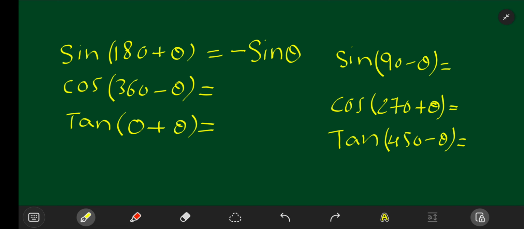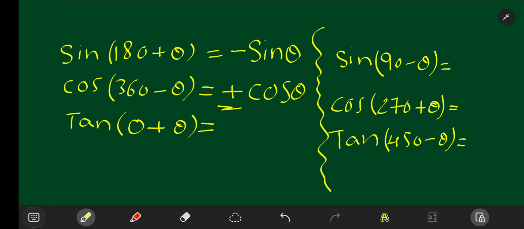Next, cos 360 minus theta. That is plus cos theta. Why plus? Because in fourth quadrant cos is positive.